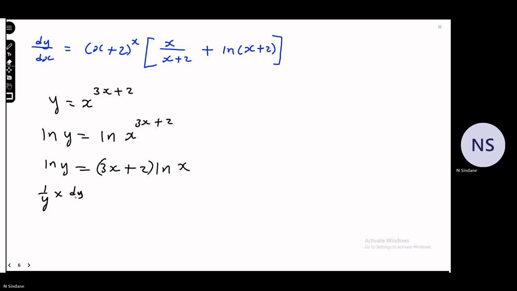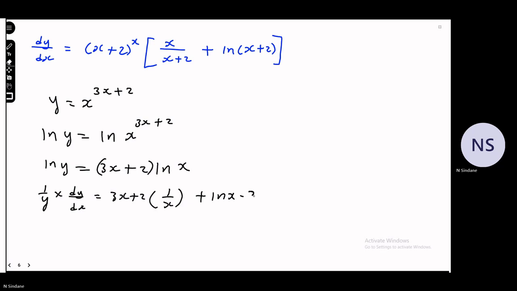From there, differentiating, 1 over y multiply dy over dx is equals to, I'm going to keep this constant, which is 3x plus 2. Differentiate this, I'm going to get into 1 over x. Then differentiate this, keep this constant, I'm going to have plus ln of x multiply by 3.